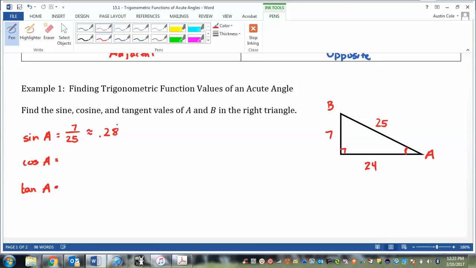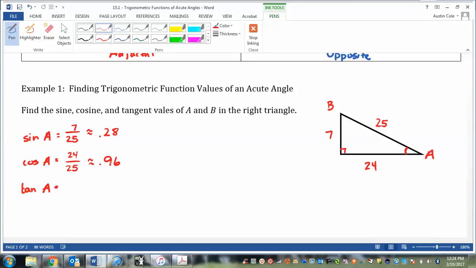The cosine value of A, cosine is which two sides? Adjacent over hypotenuse. This is going to be 24 over 25, which is 0.96.